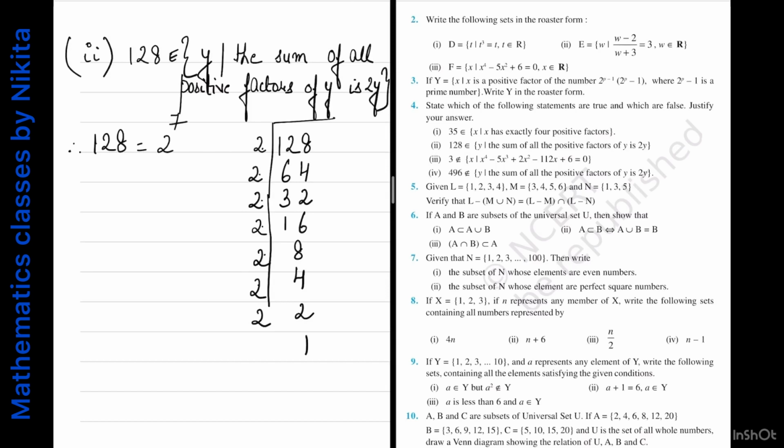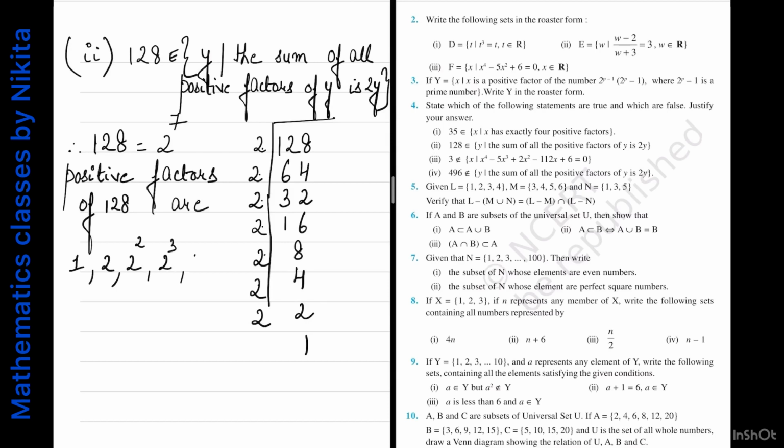Okay, and from here you get that positive factors of 128 are, first 1 will come, then 2, then 2 square, then 2 cube, then 2 to the power 4, then 2 to the power 5, then 2 to the power 6, then 2 to the power 7. These are your positive factors.